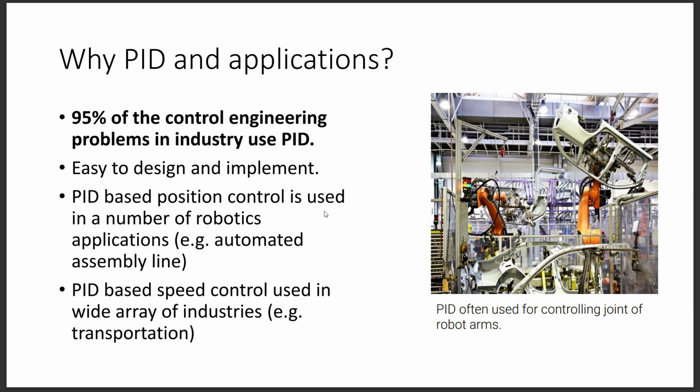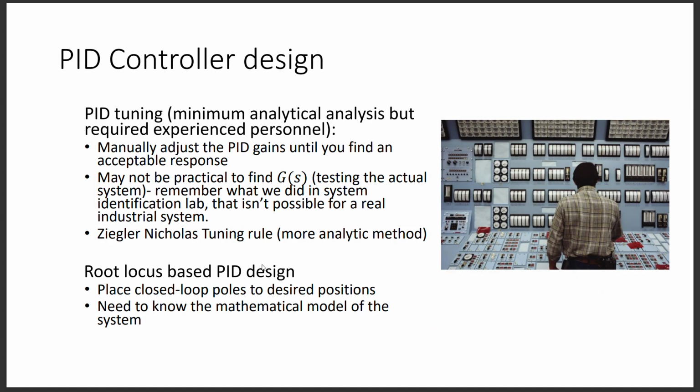PID-based position control is used in a number of robotics applications. PID-based speed control is used in a wide array of industries. So PID controllers are everywhere. PID tuning requires minimum analytical analysis.